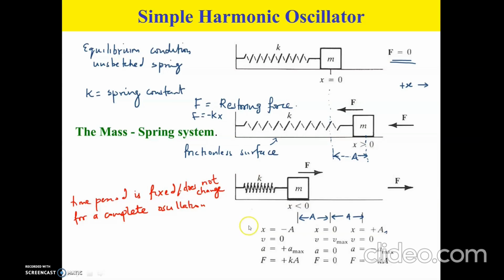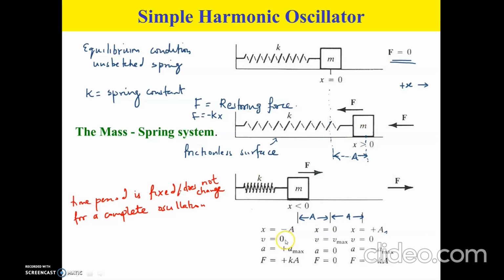You can look at some of these conditions given at the bottom. When the mass is on the left end, the displacement is minus A, when it's in equilibrium the displacement is 0, and when it is on the right end, the displacement is A. We can also infer that the velocity of this object, because it is doing simple harmonic motion, comes to a stop whenever it reaches the ends.